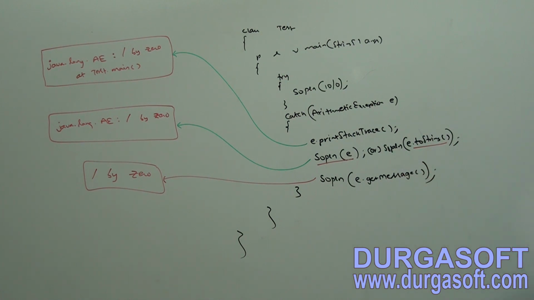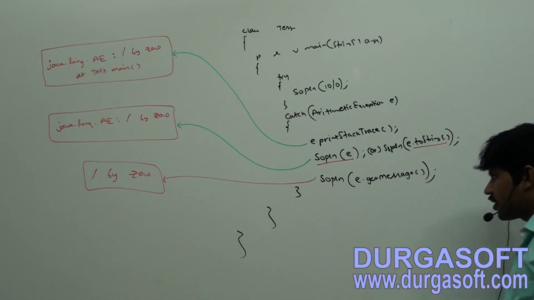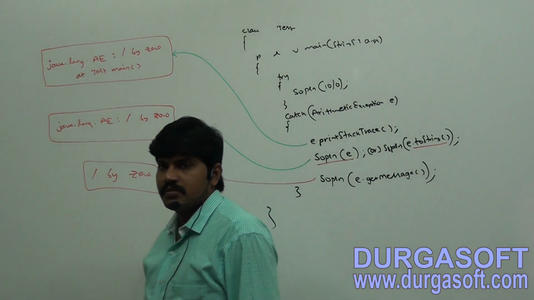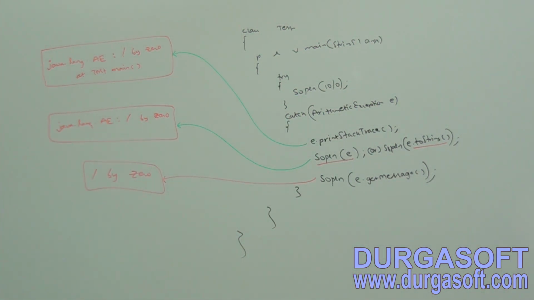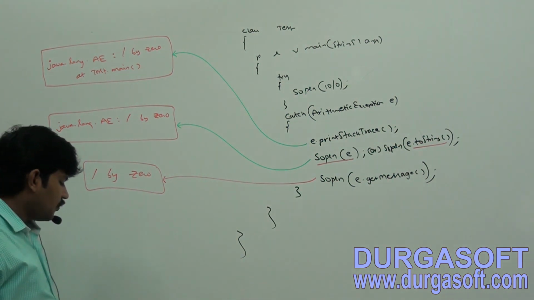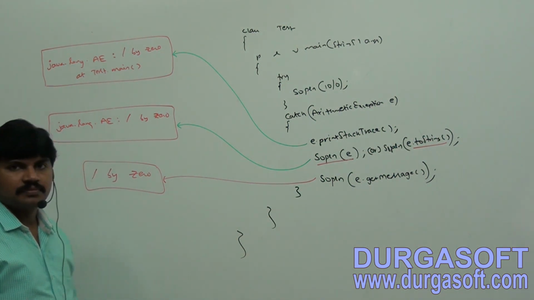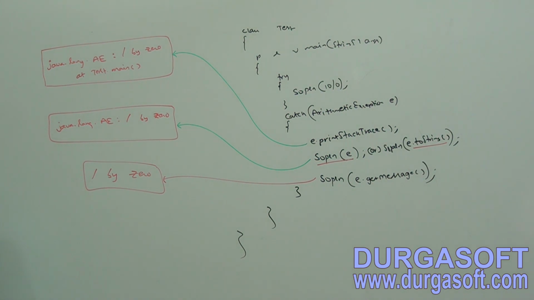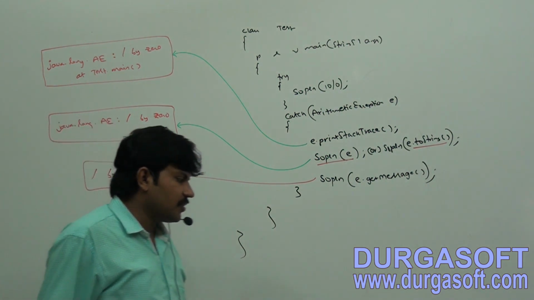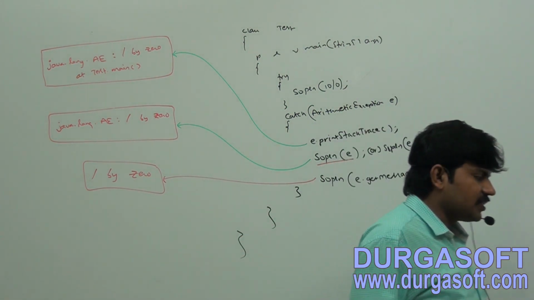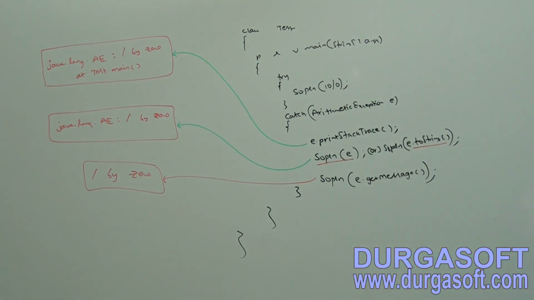I don't want the stack trace. Then the toString method. Next, I want only description. Then getMessage. Only description, getMessage method. Can I complete it, right?